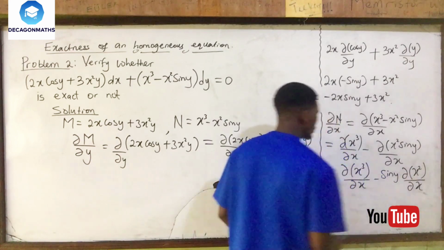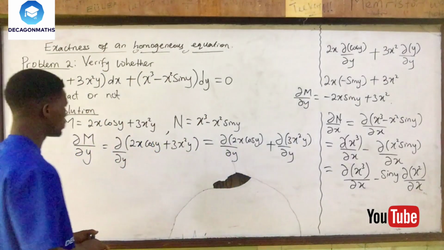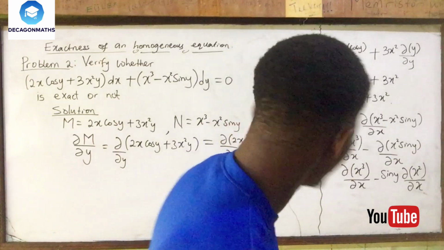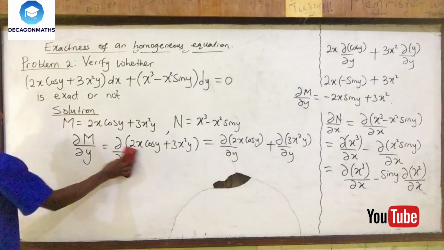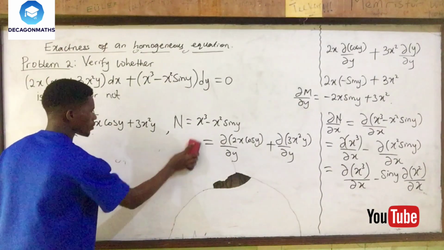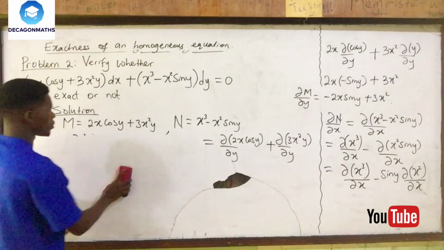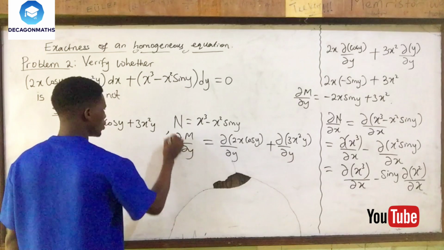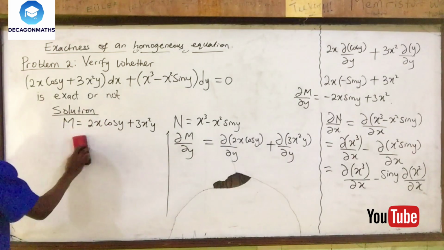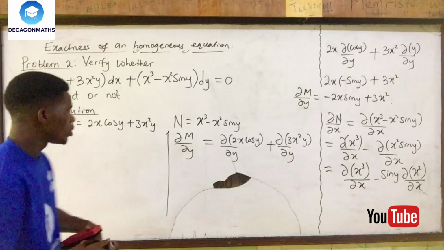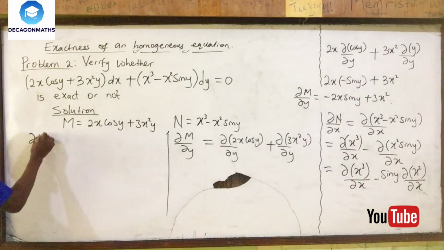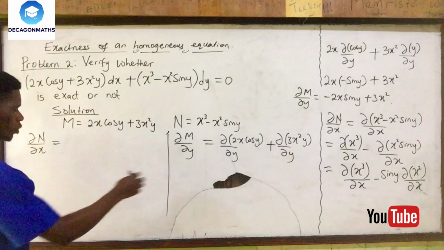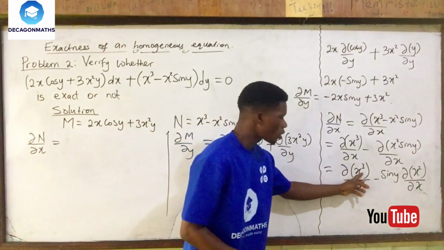So let's continue from there. That is the partial derivative of N with respect to x continues, and when we differentiate x raised to power 3, it becomes 3x squared.